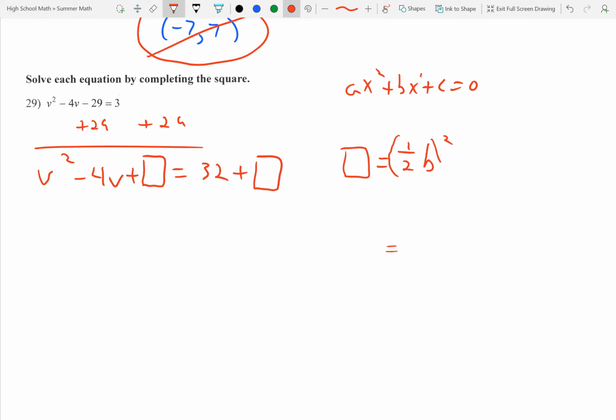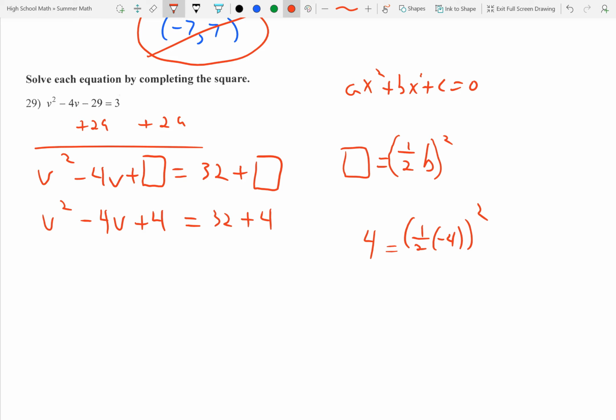We take half of b, then we square it. So in our case here, we're taking 1/2 of negative 4, and then we are squaring. So 1/2 of negative 4 is a negative 2. Negative 2 squared is a positive 4. The box value will always be an added amount because we're squaring some quantity. So our box quantity in this case is 4.